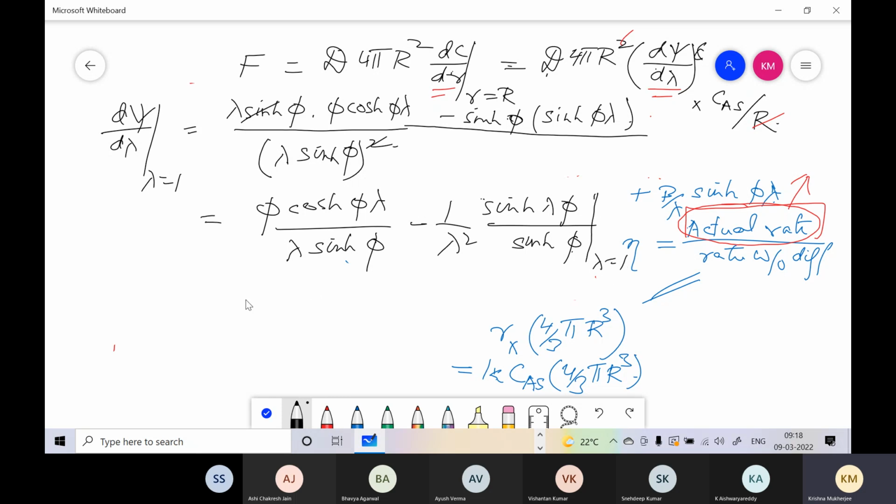Lambda equal to 1, substitute it. What will it be at lambda equal to 1? I will wait rather than doing it myself. What is this expression equal to? I want some participation.